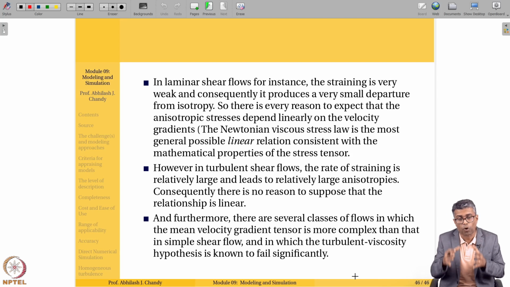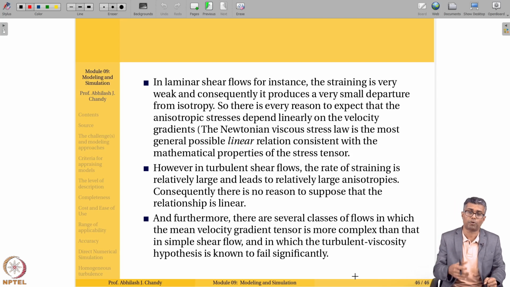If it is wrong in the context of such a simple problem, it is wrong in the context of many other problems as well. Okay, and so we tried to bring that out through a simple example. So I hope this module was clear. In the next module, we'll be talking exclusively about large eddy simulations, or LES. Thank you.